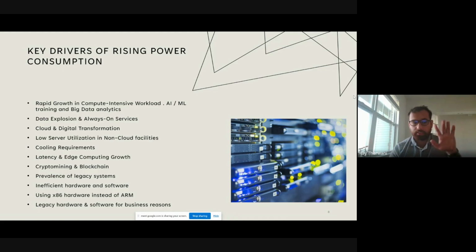But the servers in the cloud and the data centers still prominently use x86. ARM is basically 40% more energy efficient than a comparable x86 system with similar performance. That's quite a lot, right? And I already mentioned we have legacy hardware and software for business reasons, which are there.